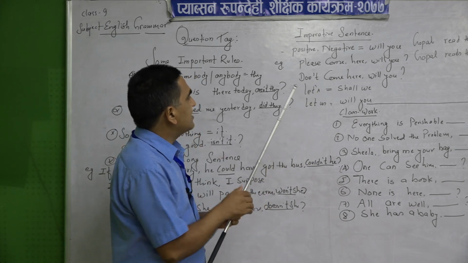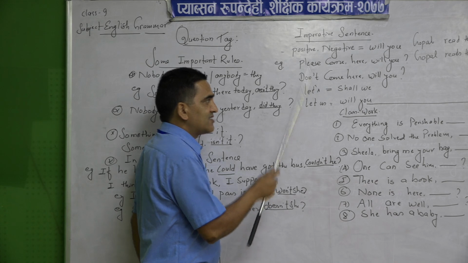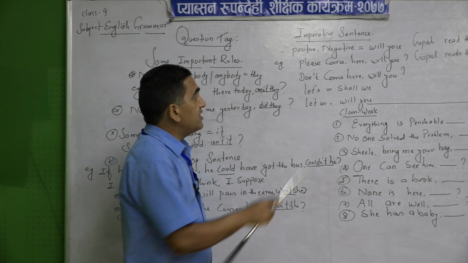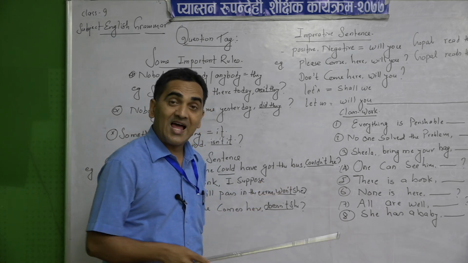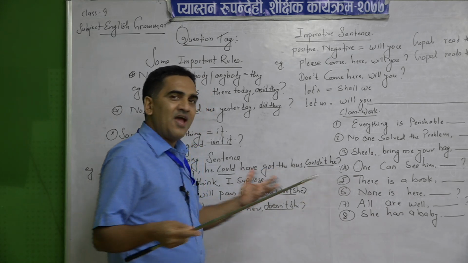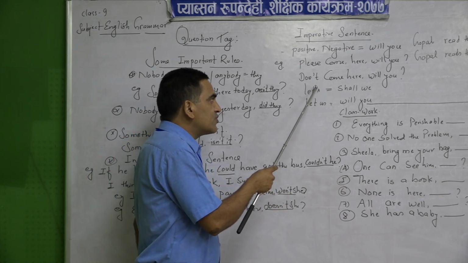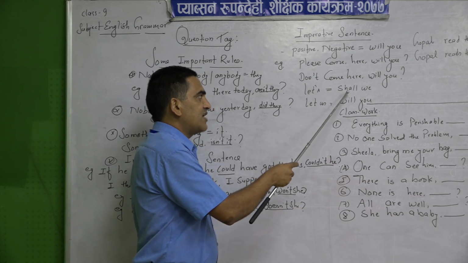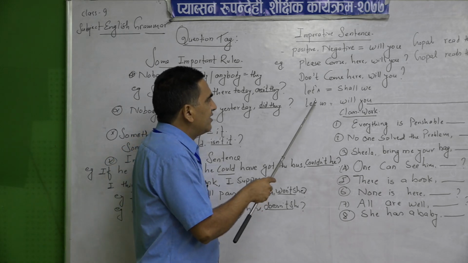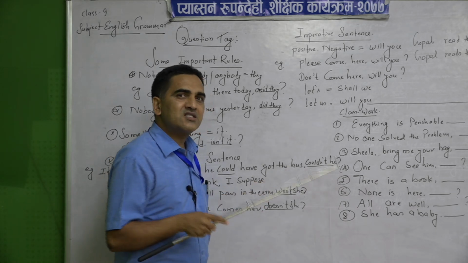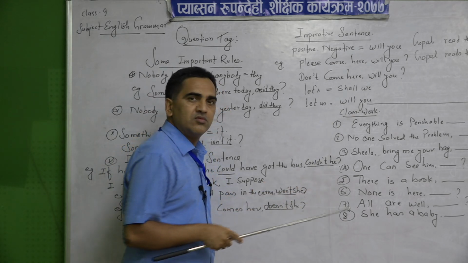And when the sentence starts with let's, at that time the question tag will be shall we. Let's go out, shall we. Let's play the game, shall we. When the sentence starts with let's, the question tag will be shall we. And when the sentence starts from let us, at that time we write will you.